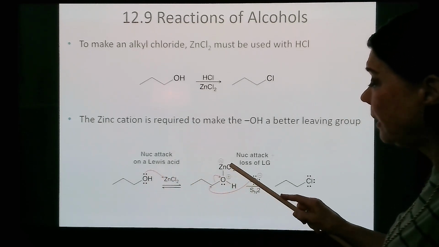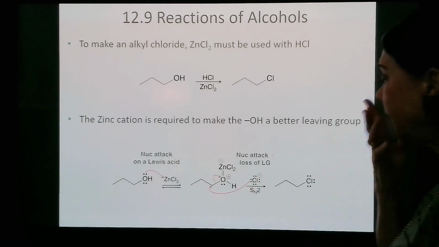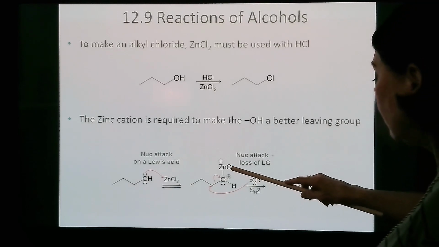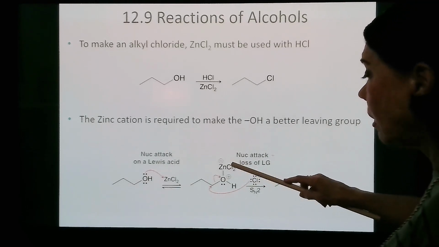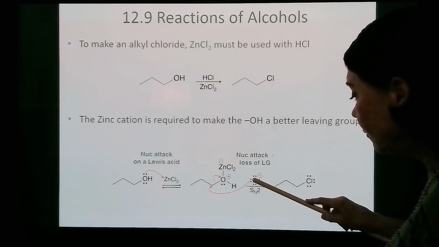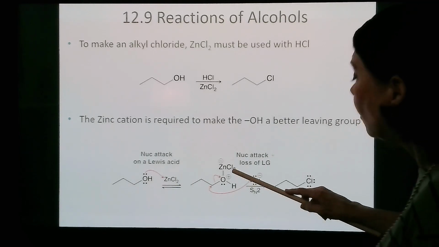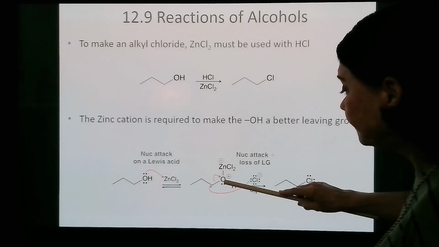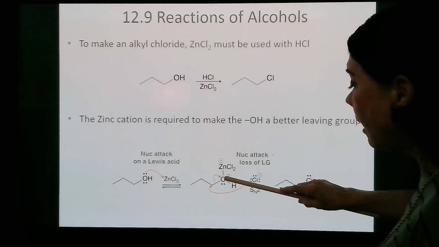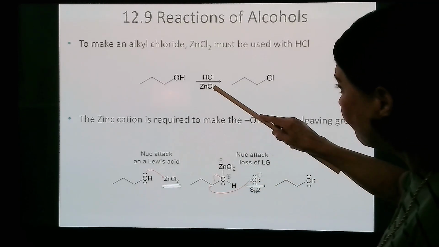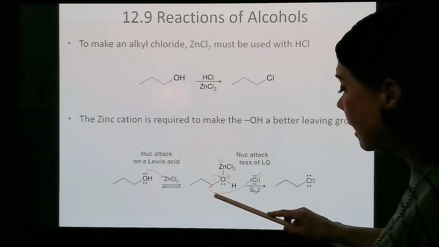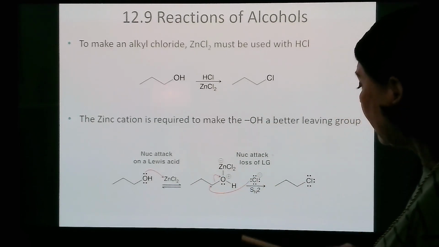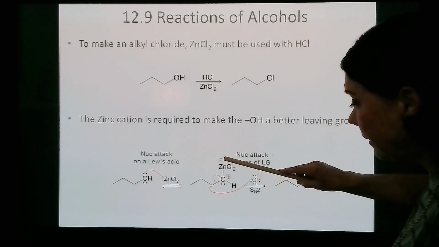And so now up here, the next step is going to be loss of your chloride. And then the next step is going to be attack by chloride from your HCl. And this is a great leaving group. And it's not shown here, but it departs.